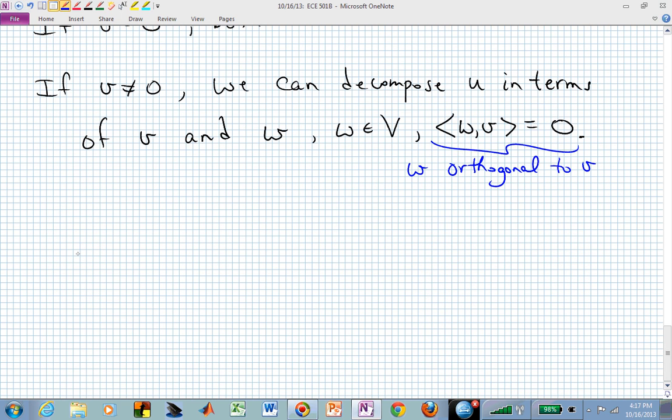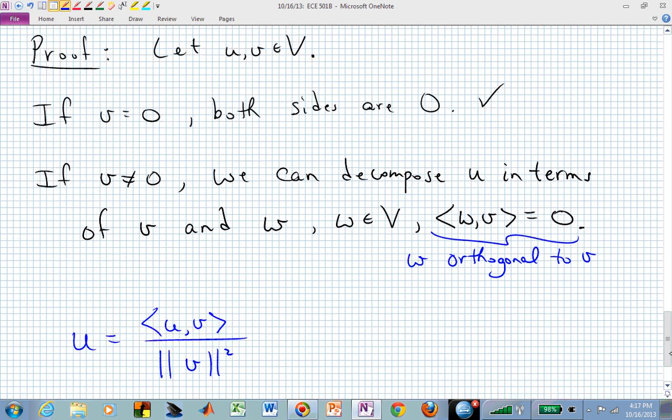And that then says that we can rewrite u as the inner product of u and v over the norm of v squared. Wasn't that our a before?